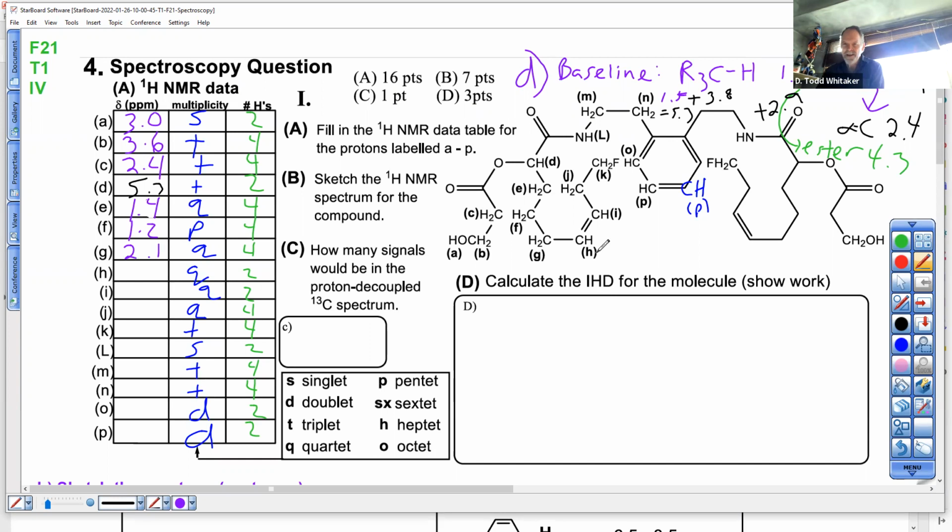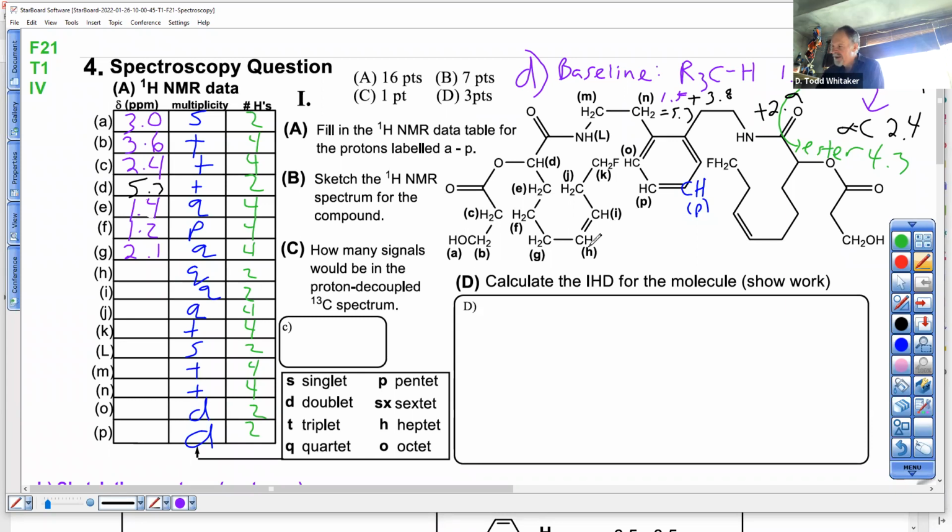H is internal vinyl. Means it's attached to the alkene. That's vinyl. Internal means the ene is in the middle of a chain. Keeping in mind H and I are both in the same category. I'm going to use the low end of the category for this and the high end of the category for an H closer to a fluorine, the most electronegative atom known to man.